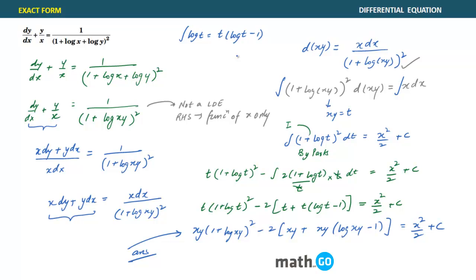That is why indefinite integration is specifically asked in questions involving differential equations. Okay, so remember the integral of log t because it helps in speedy calculation, so that you do not have to apply by parts again in this step. Okay, I hope the concept of exact form is now clear to you.